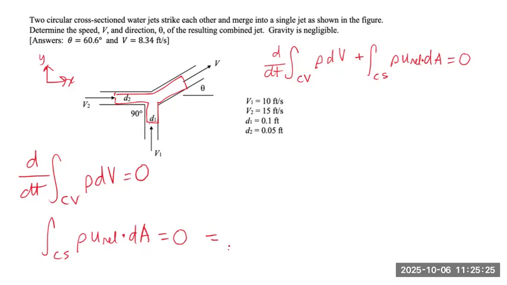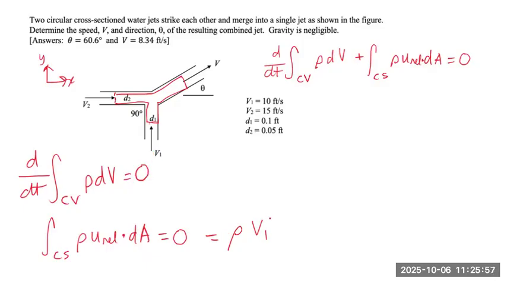So we have rho times V1 dot dA. dA is going to point outwards. So the first one is going to be negative, since the angle between u relative, which is V1, and dA, the face of this control volume over here, they are pointing in opposite directions.